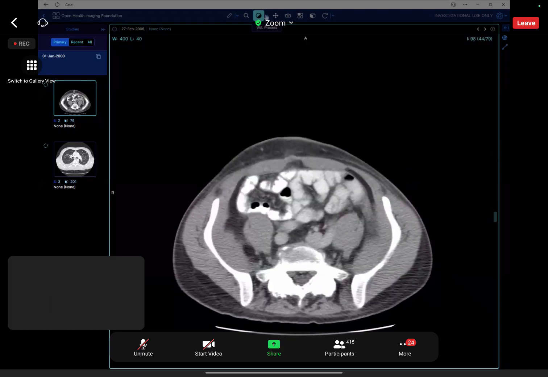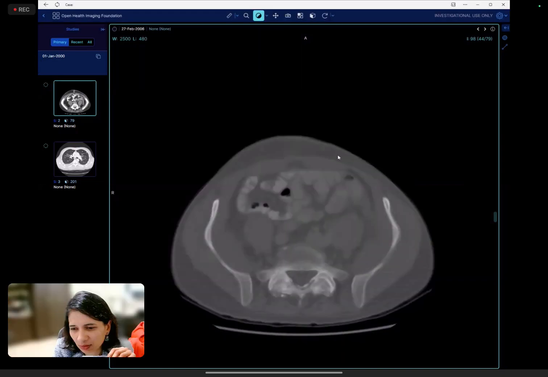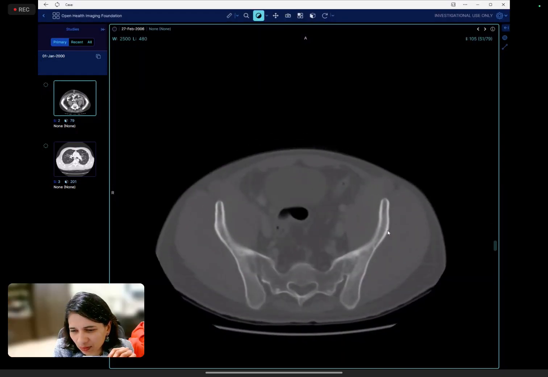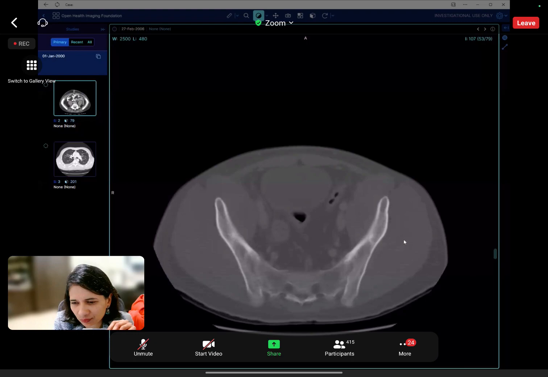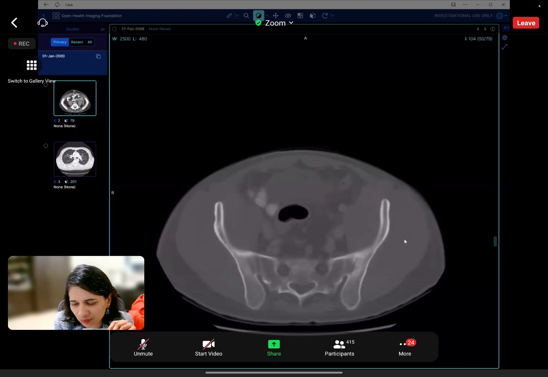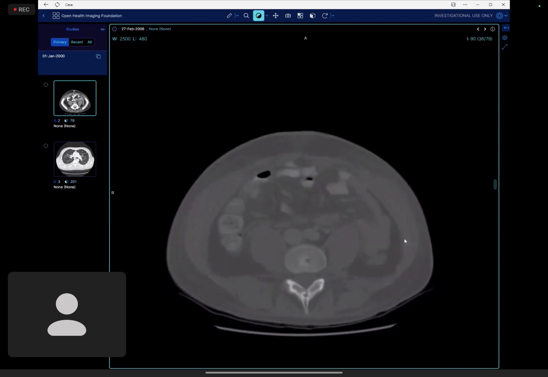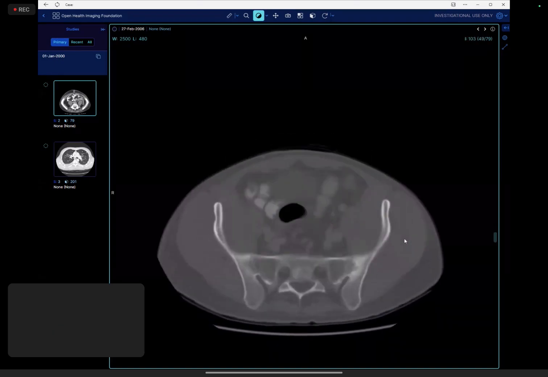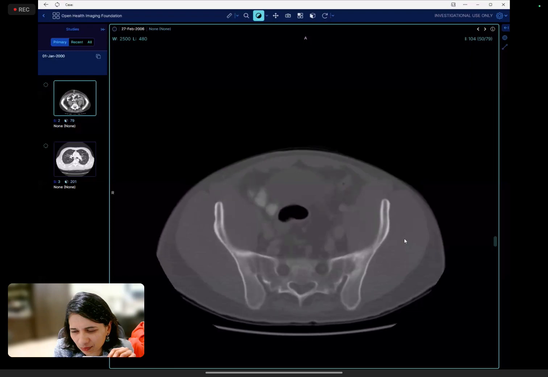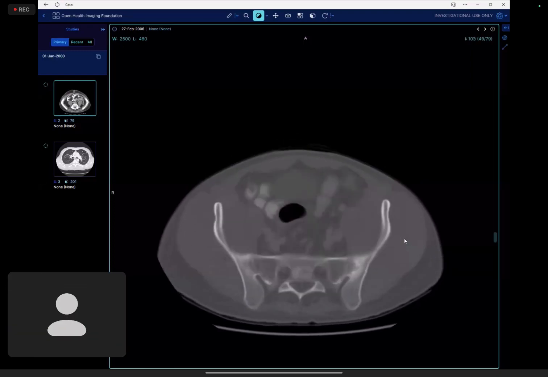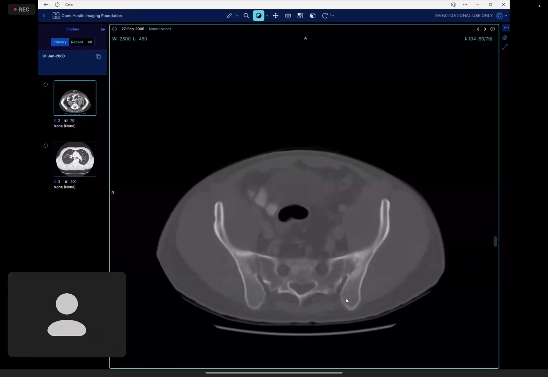So I put it in bone window because the bone is... okay, what are you seeing here? There is, the iliac side is quite dense bilaterally along the SI joints.